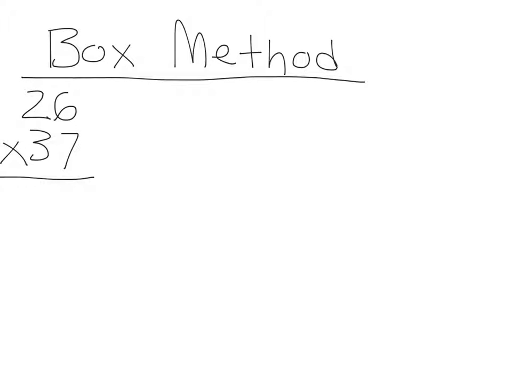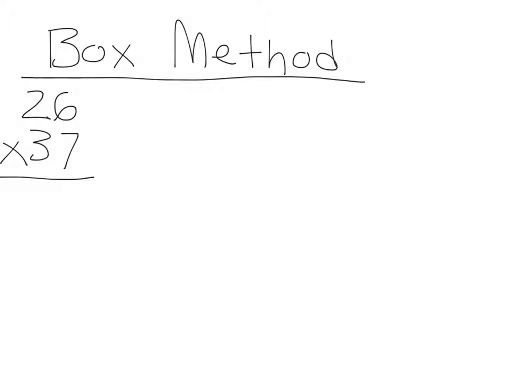The box method also is very similar to a method that you may learn in high school to multiply polynomials. So this is a good method in the transition into a higher grade level in your future. So let's take a look at how to do the box method for multiplication.